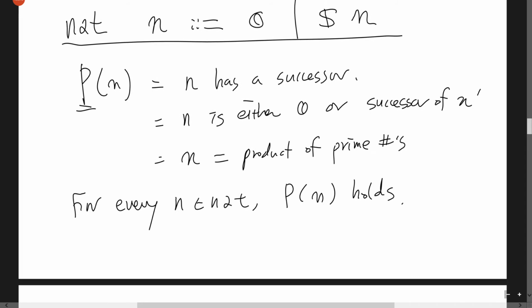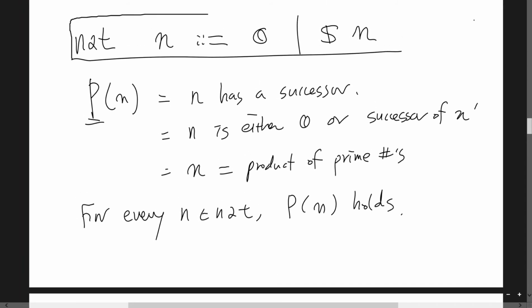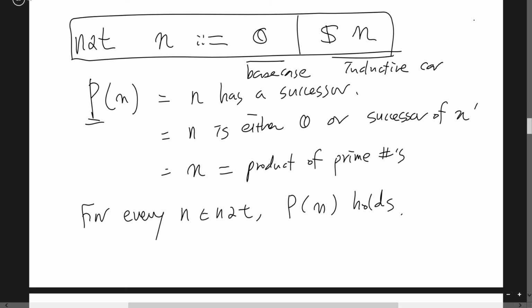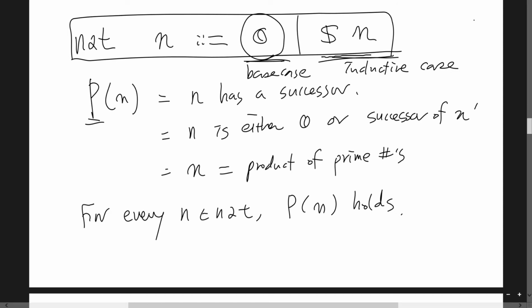And the way that structural induction works is we analyze the structure of this inductive definition. So we first consider the base case and then the inductive case. This is called the base case because here we don't see any other non-terminal. But in this inductive case, we see another instance of this non-terminal.